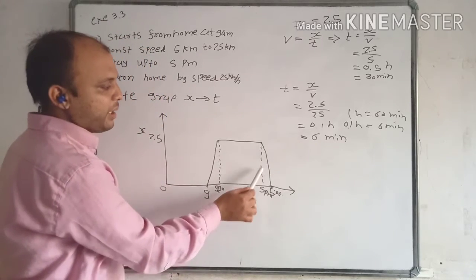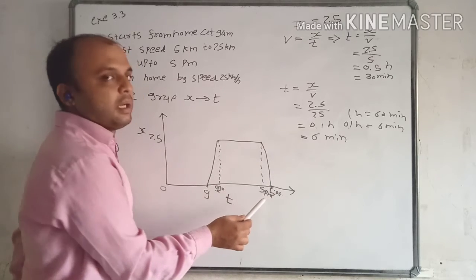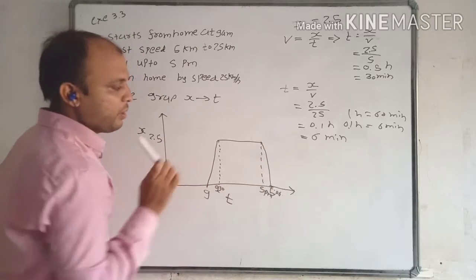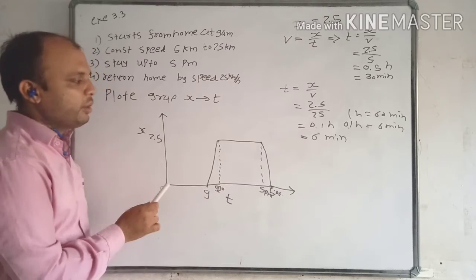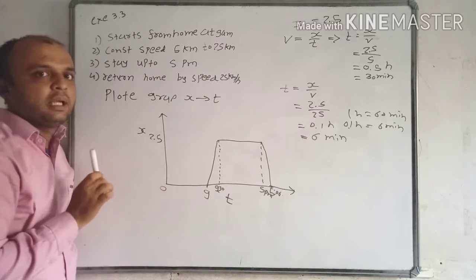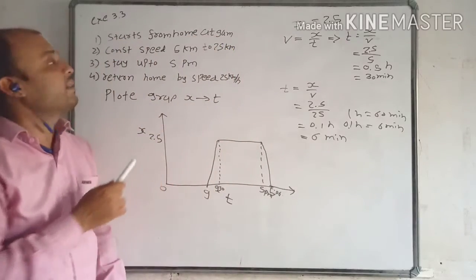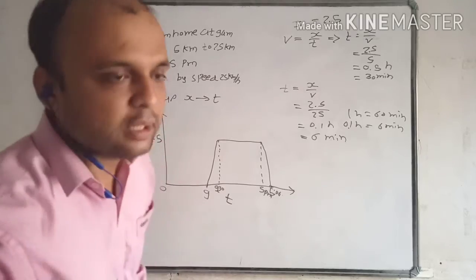So after 5 p.m. she returns in 6 minutes, at 5:06. We take the graph to 5:06. That is your final graph for the given conditions. After this we will see exercise 3.4.